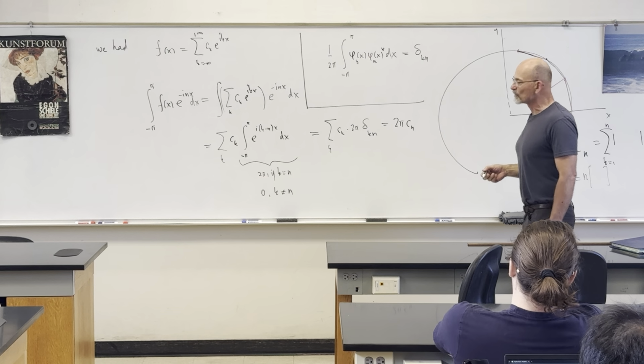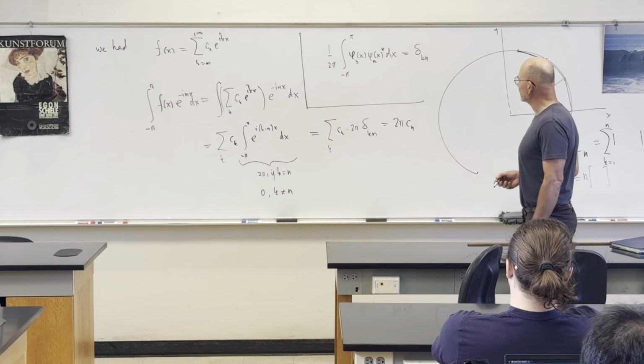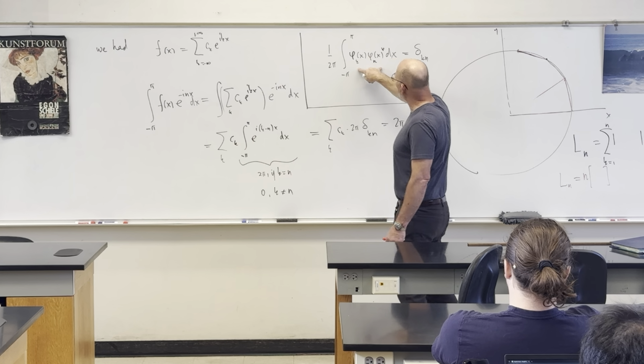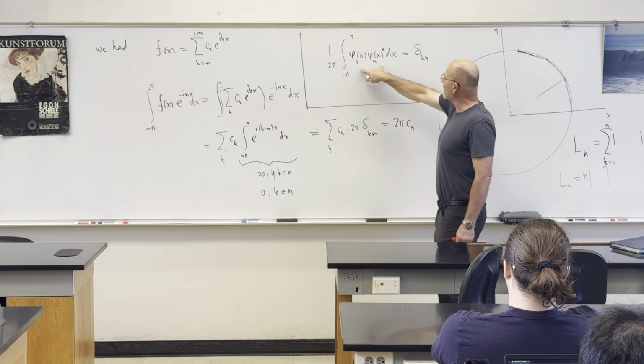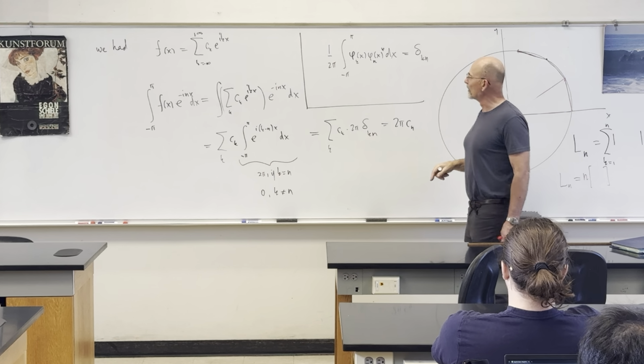So this would be the abstract property we're going to run into often later on. You have a set of functions with this property, that when you integrate over them, you get either 0 or 1 in this form.